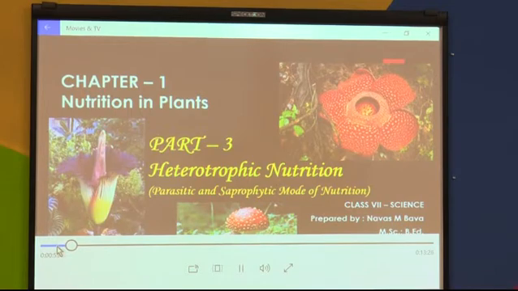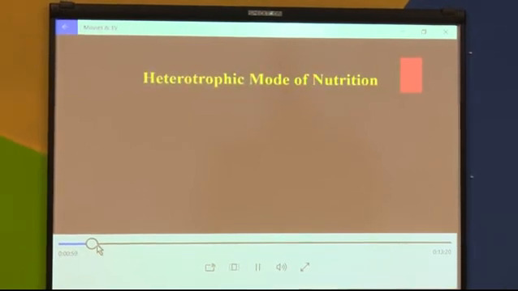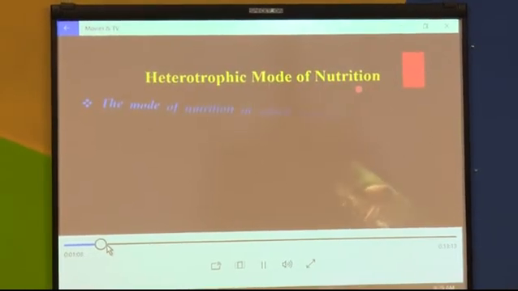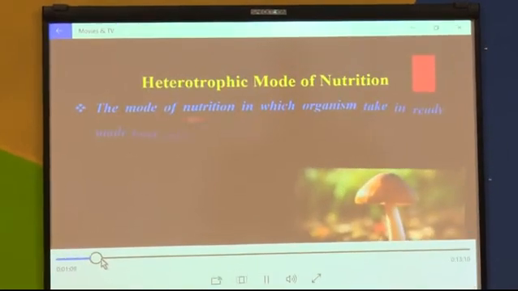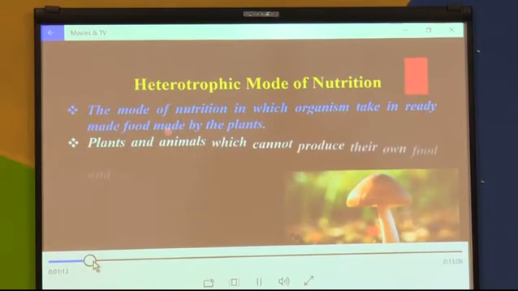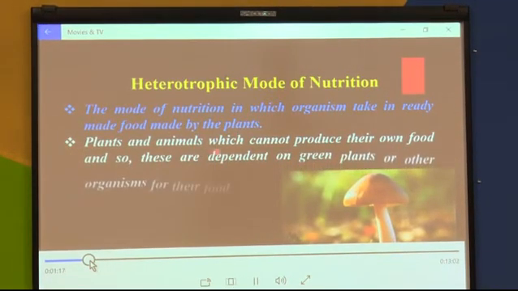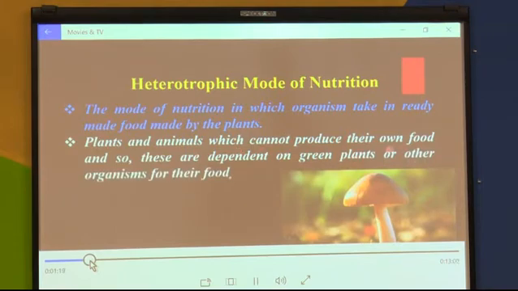Okay. So, see, one more time I am going to repeat what the heterotrophic mode of nutrition means. It is the mode of nutrition in which organisms take in ready-made food made by the plants. So, plants and animals which cannot produce their own food are dependent on green plants or other organisms for their food.